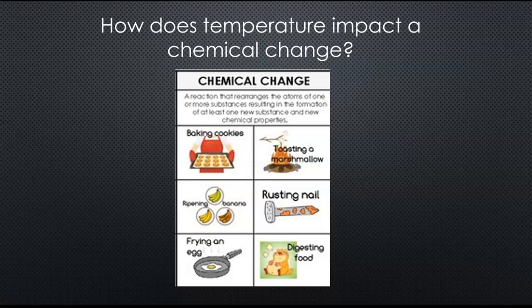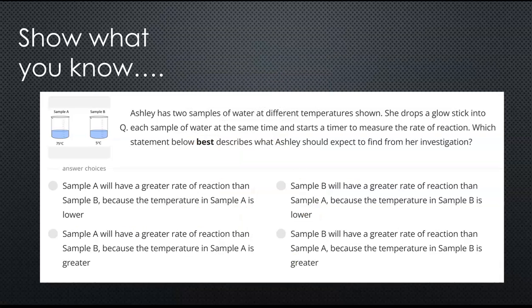So that same reasoning applies to things like ripening a fruit, rusting a nail, cooking an egg. All of those are everyday examples where we see higher temperature impacting or speeding up a chemical change.